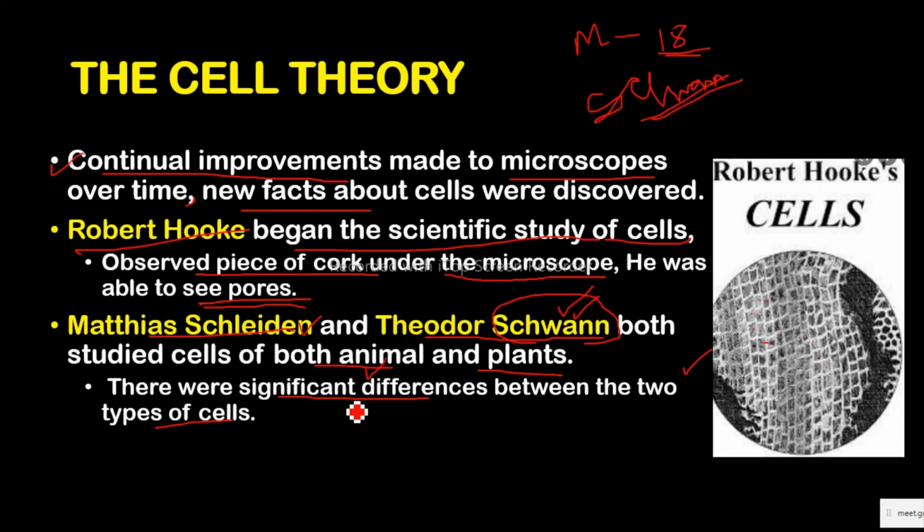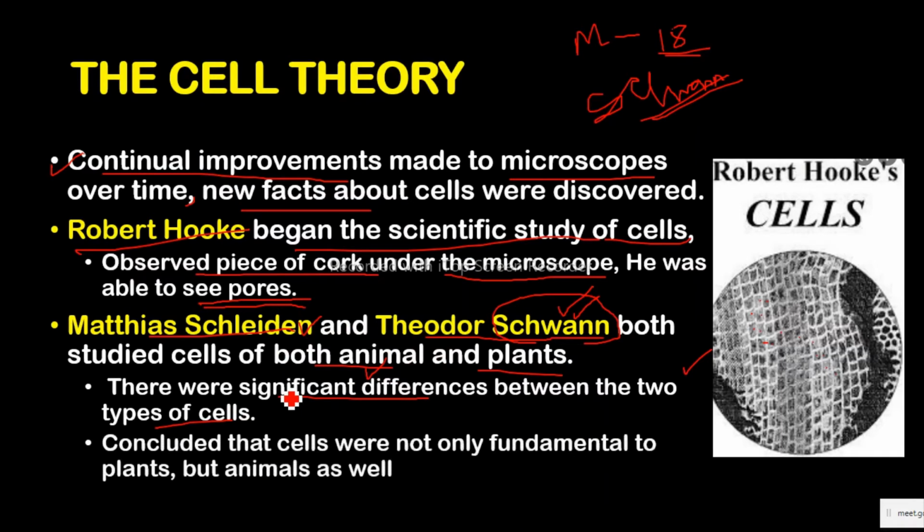However, they also had some things in common. So, from their research, these two were able to conclude that cells were not only fundamental to plants but to animals too.